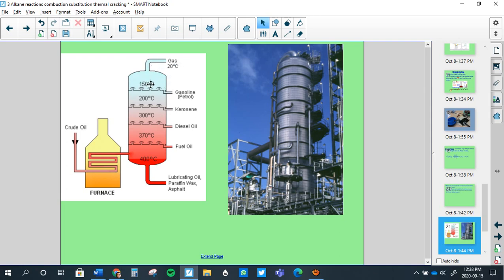So here at 150 degrees Celsius, we might get a mixture of gas and petrol. So that can be removed at different points of this column. Kerosene, diesel oil at 300, fuel oil at 370, other larger molecules at 400 degrees Celsius. So from oil, you get different products produced based on their boiling points.